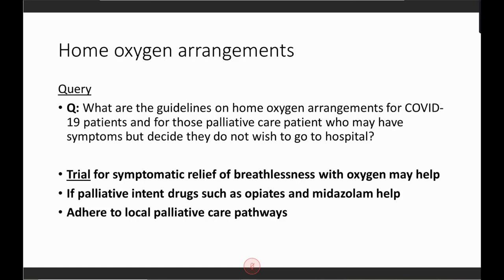Most of their presentation is with delirium and confusion rather than hypoxia gradually coming on, and their disease progresses very fast. But our main point here is to adhere to local palliative care pathways, and don't automatically go to oxygen as a relief. I can see you've asked about care homes with high flow. We haven't been recommending that, Alex, no.